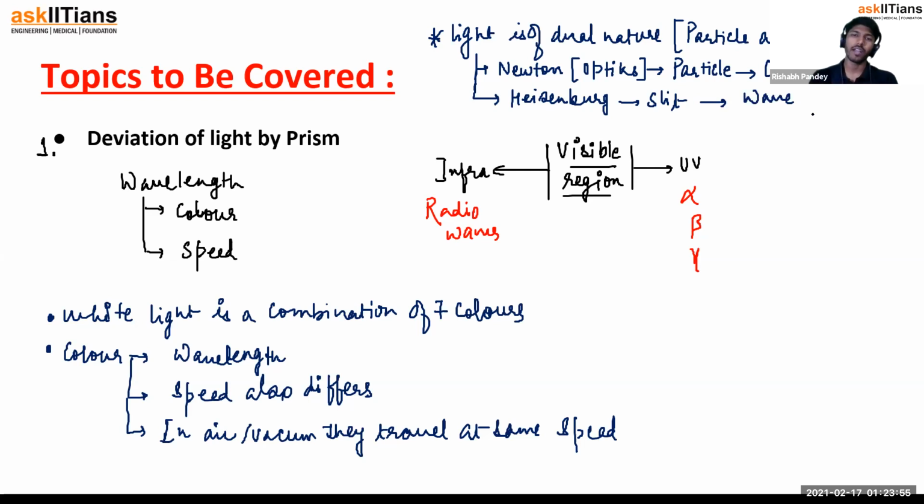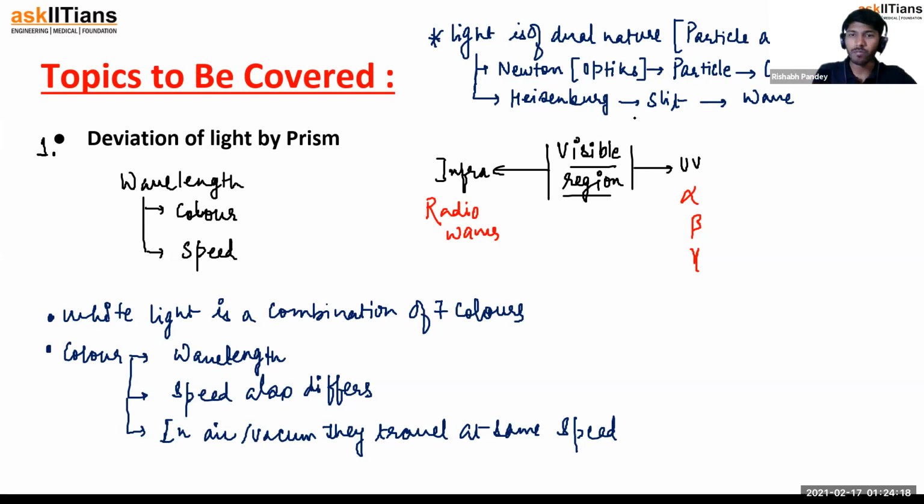Now you just try to understand. Newton didn't perform any experiment, he just gave a theory. Heisenberg performed an experiment, right? And after performing an experiment, obviously, who was in the winning situation? Heisenberg, because he performed an experiment. So it was clear that light is a wave, light is not a particle.